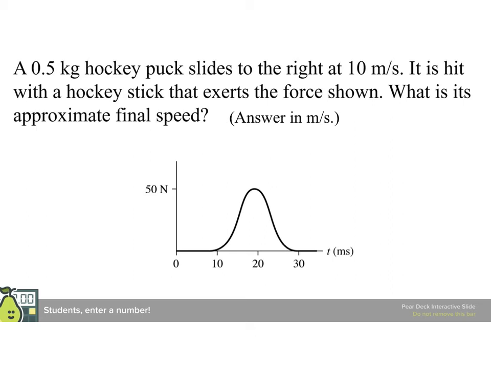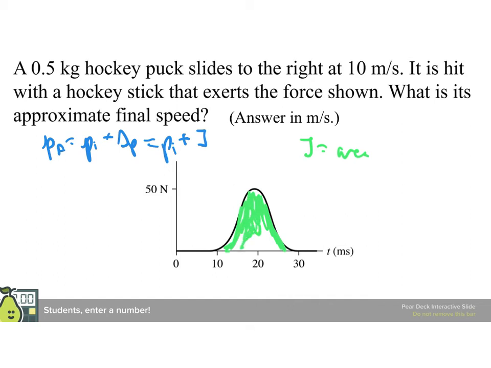All right, well, we're going to use again that P final is P initial plus delta P, which is P initial plus J. But now we have that J is the area of this thing, which is really quite annoying because it's not easy to find that area, especially since we don't have the functional form, and even if we did, we'd have to use calculus to do it, and that's no good. So we need to make an approximation.